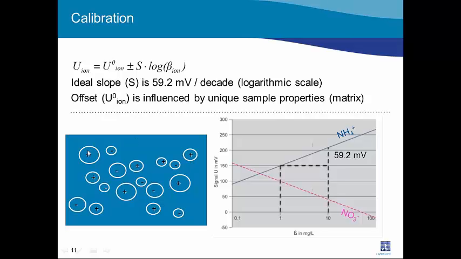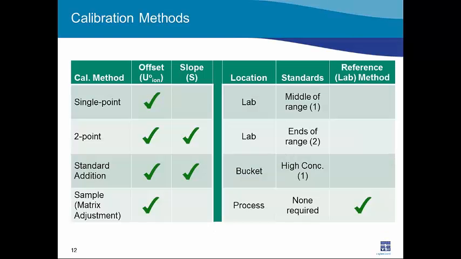So in any sample, there's going to be a variety of different substances in there of different charges, some plus, some negative, some larger, some smaller, and each of these influences the response of the sensor. And that is what the picture here depicts, what we call the matrix. And so the offset calibration needs to be done by the customer.